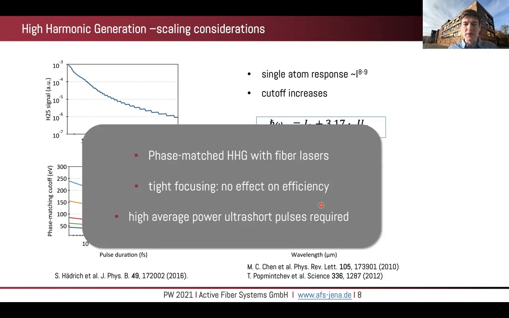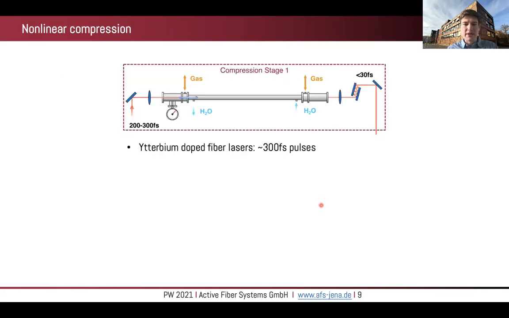We have learned that tight focusing has no effect on the efficiency. The only thing we need to have right now is a high average power ultra-short-pulse laser. And as I said, Ytterbium-based laser systems are capable of providing that, but typically the pulse duration is on the order of 300 femtosecond. And to reduce that significantly, typically schemes relying on a post-compression are implemented, such as this capillary-based compressor shown here.